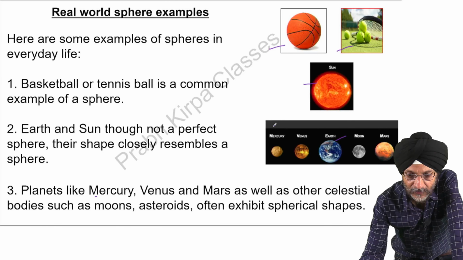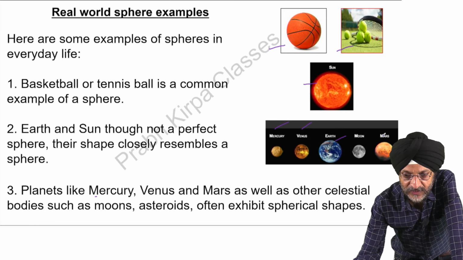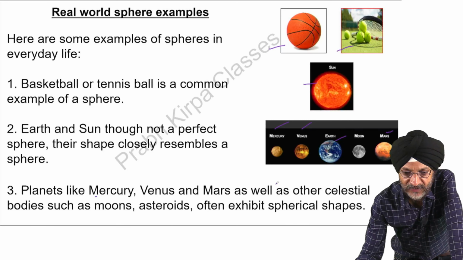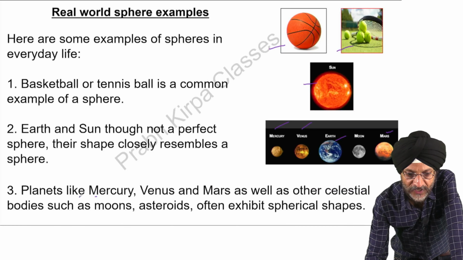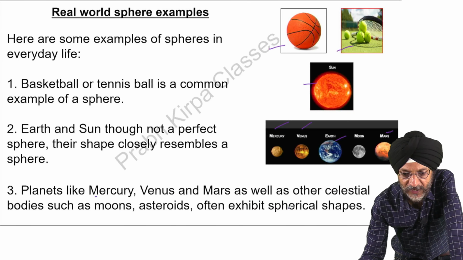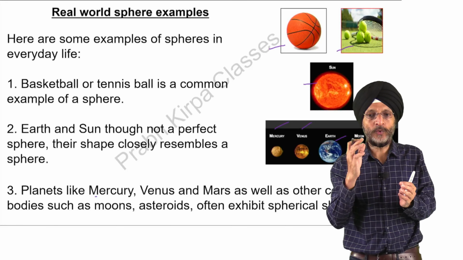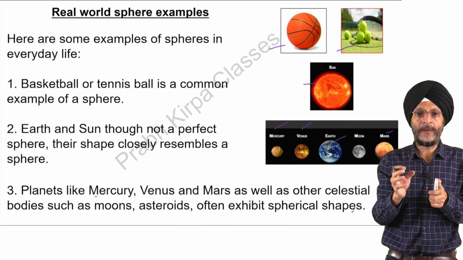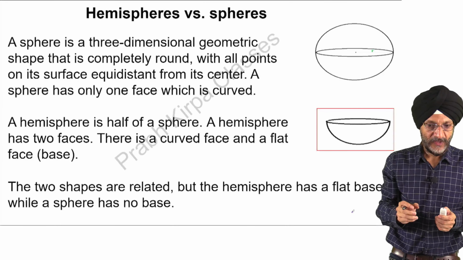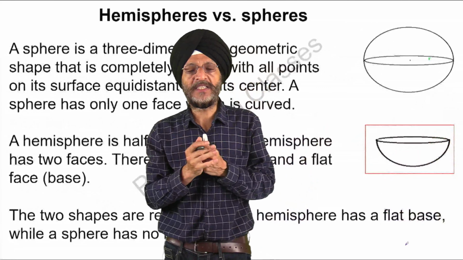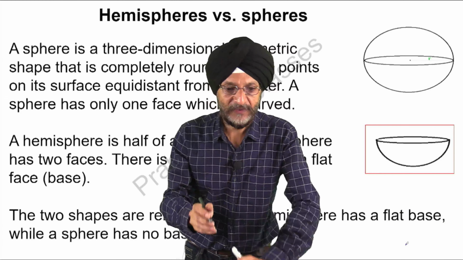Planets like Mercury, Venus, Mars, as well as other celestial bodies such as moons and asteroids, often exhibit spherical shapes. Now we have understood the real world examples of sphere. Now we will understand the difference between hemisphere and sphere.